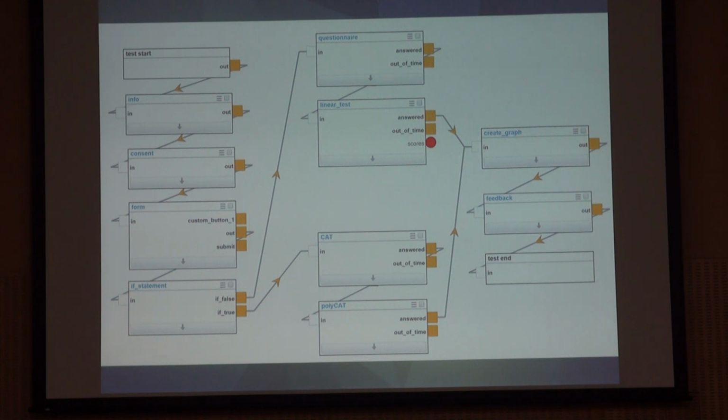Then a questionnaire, which is strongly disagree, strongly agree, those kinds of Likert statements. A linear test, which is a test with right and wrong answers, so you get a score, but it takes you linearly through it.